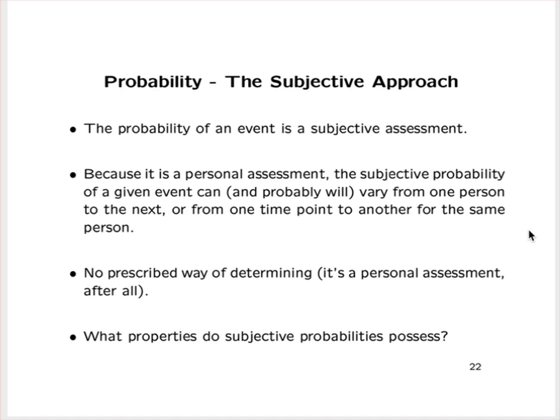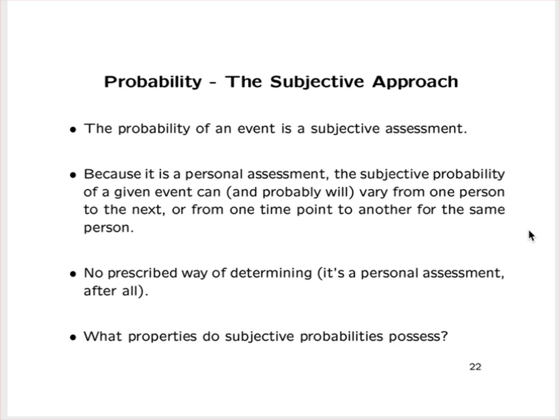For example, on a given day when you get up in the morning to get ready to come to campus, you may have some subjective assessment that it's going to rain that day, and so you take your umbrella. And then by noon, your subjective assessment of whether it's going to rain may change based on additional information about what's going on in terms of the weather.